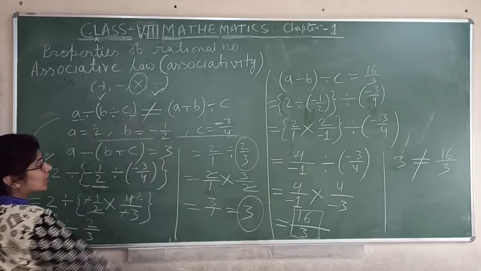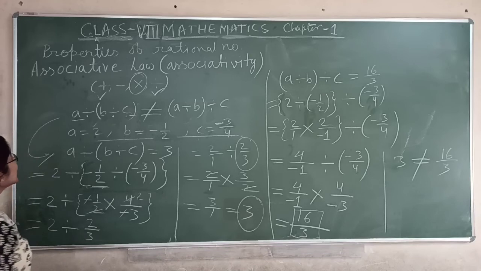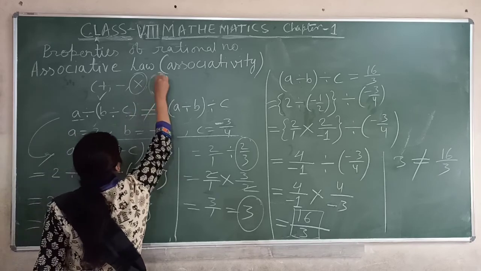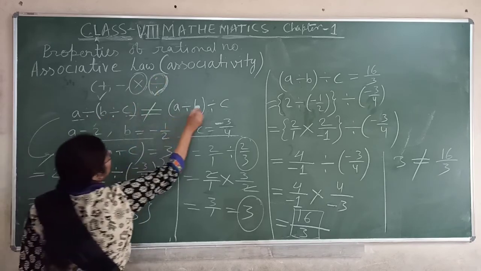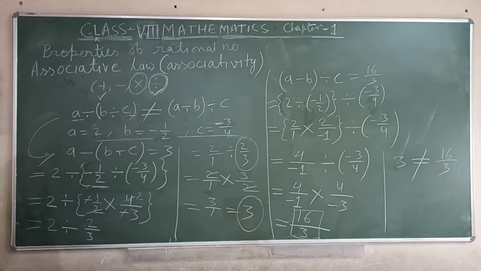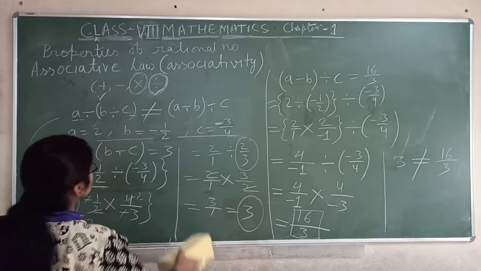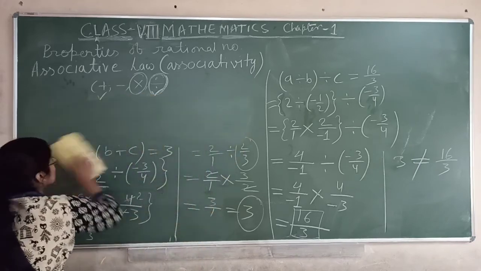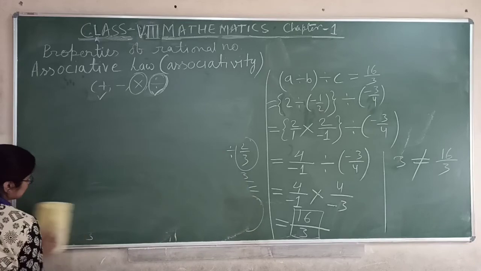Both sides are not coming equal, so we can say the associative law of division is not applicable for rational numbers. Okay.